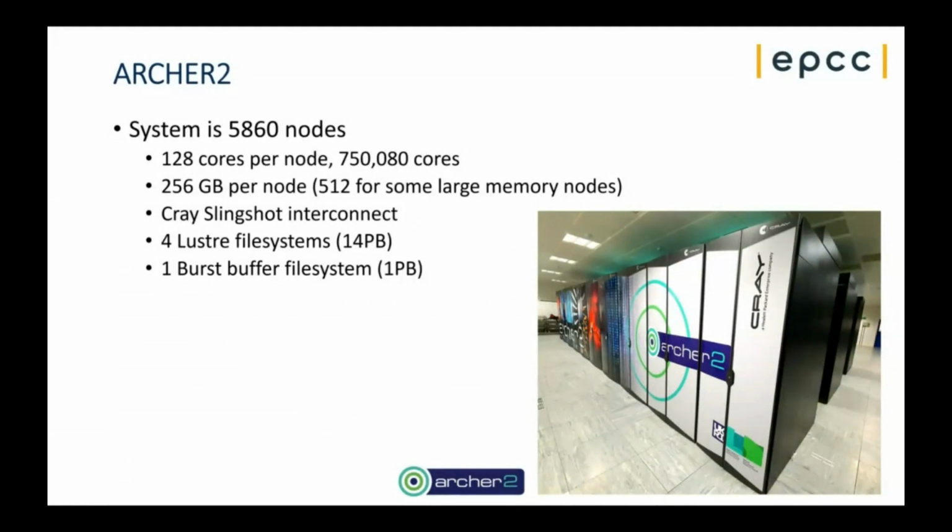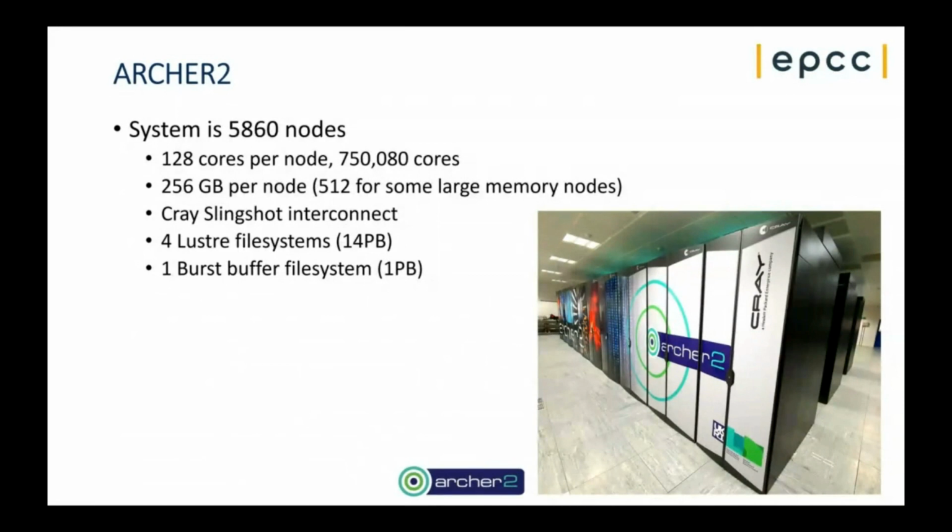There are some large memory nodes, which have got 512, but they're a small percentage of the system. Because this is a HPE Cray system, it uses Cray's network, called the Slingshot Interconnect, which is their bespoke high-performance network. And then, of course, you wouldn't get anywhere without having some place to store data that you could need for input and output from your applications.